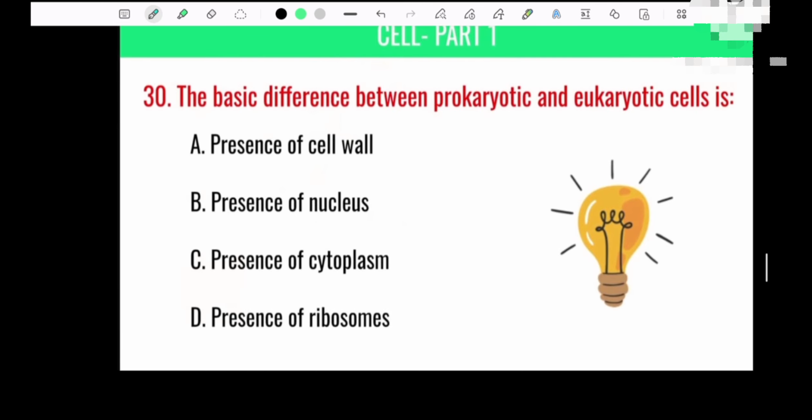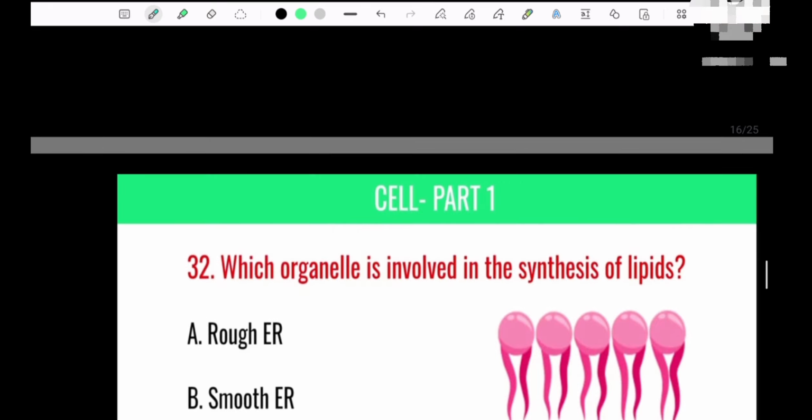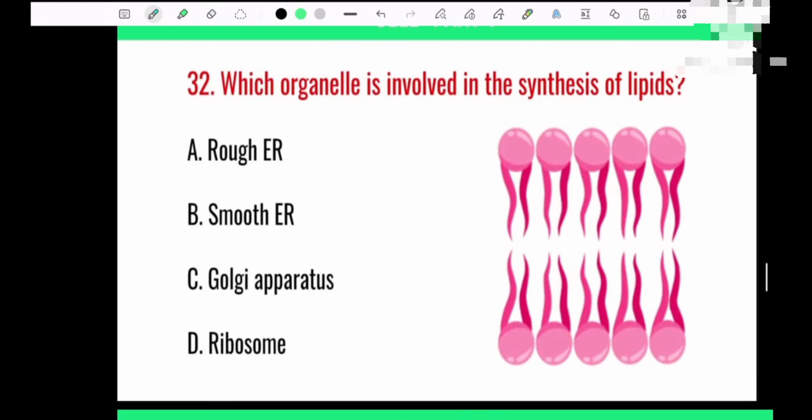The basic difference between prokaryotic and eukaryotic cell is presence of nucleus. Which organelle is involved in the synthesis of lipids?